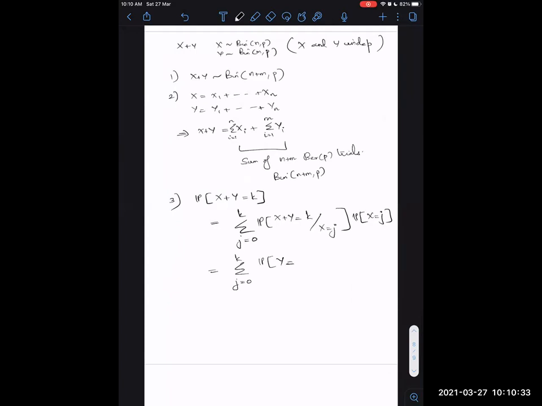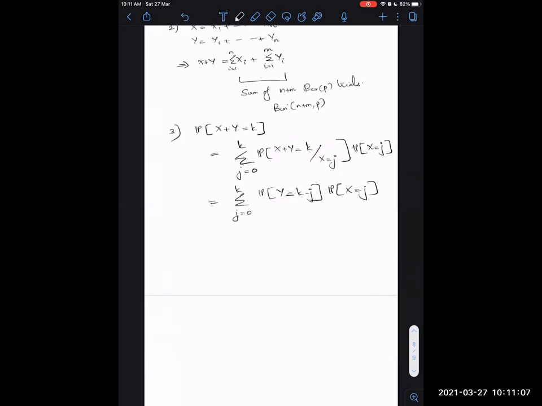So you know that x is j and the sum is k. So what can you write? What is the probability same as? So this expression, what can you rewrite this as? You can rewrite this as something like this: y equal to exactly k minus j. All right.